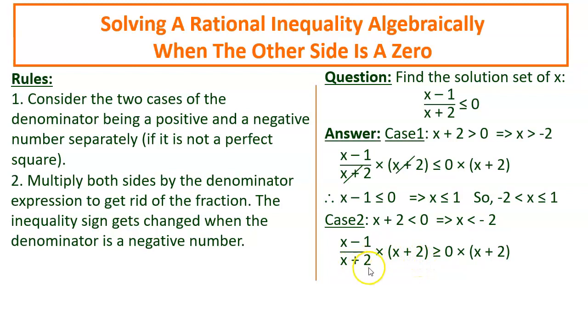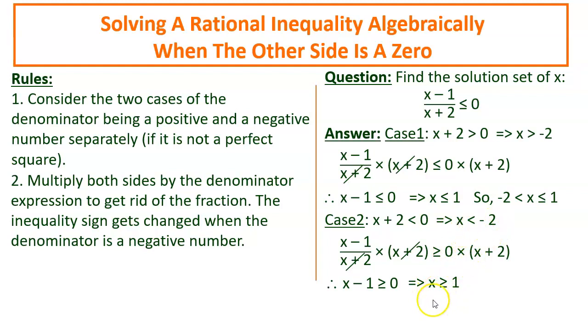Okay, and this x plus 2 in the denominator and this one in the numerator will be cancelling each other, and the inequality will be, obviously, 0 times x plus 2 is 0. So x minus 1 is greater than or equal to 0. And from here we are getting the solution set of x as x is greater than or equal to 1. So now we will be combining these two solution sets of x.